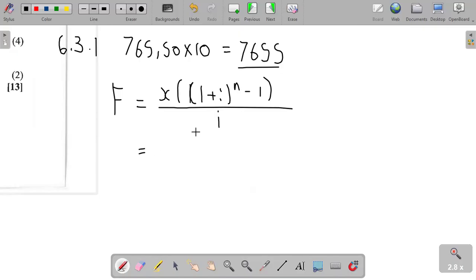So if it's going to be 4 years, this is what she has each quarter: 7,655.